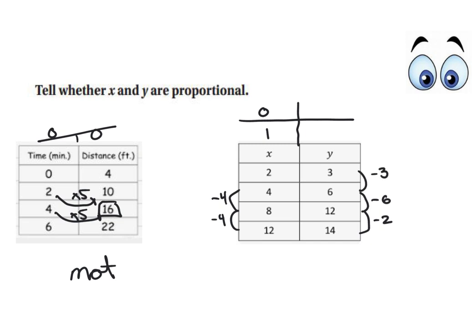Then we take away 3. Whoa. On the left side, we take away 2. So this is called covariance. And what this shows us is that this function, this proportion, this set of data, it is not even linear.